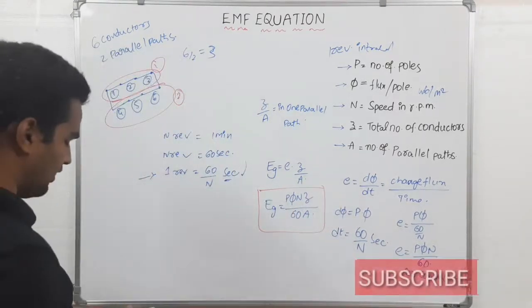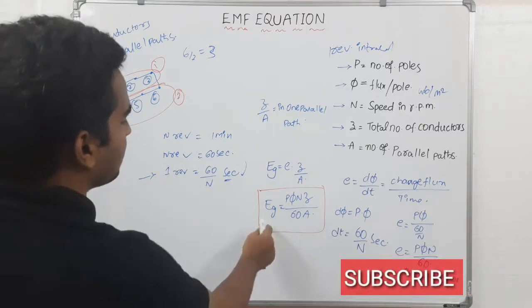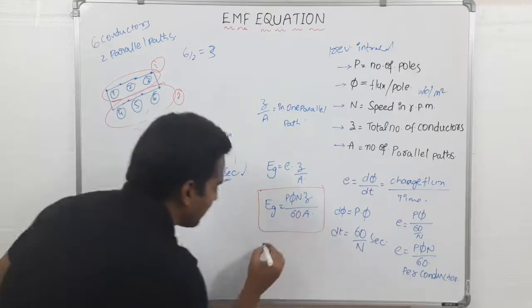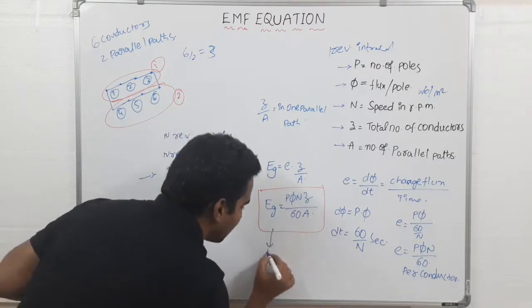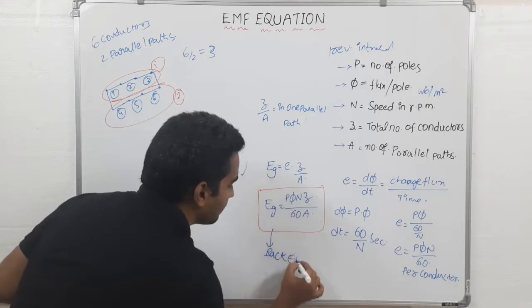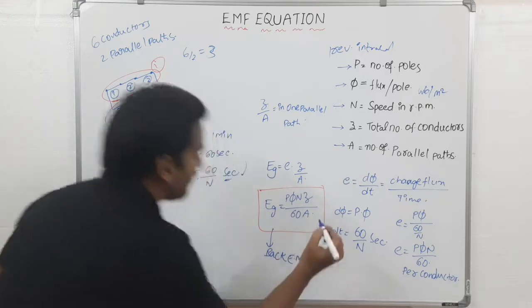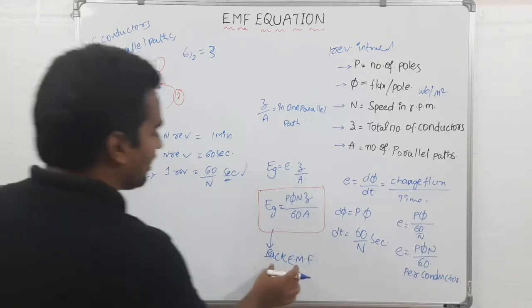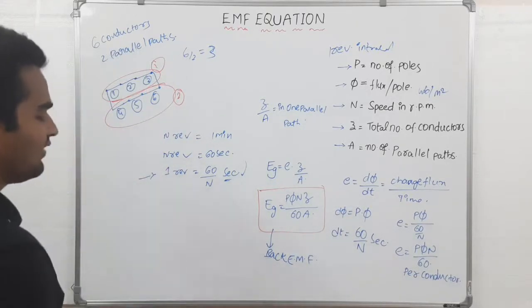This is a very important equation. This is the generated EMF in a DC generator. If it is a motor, this is called back EMF. We already discussed back EMF in the first lecture itself.